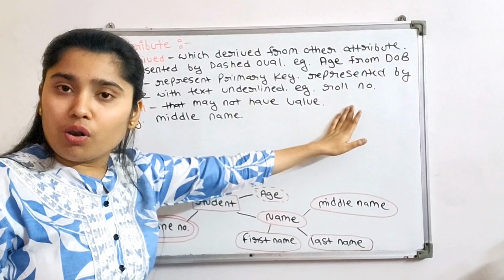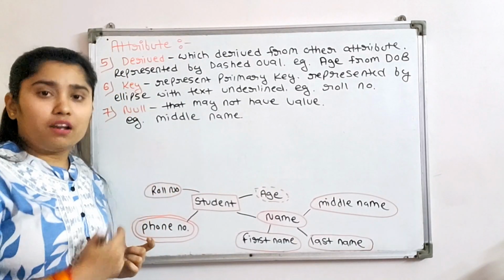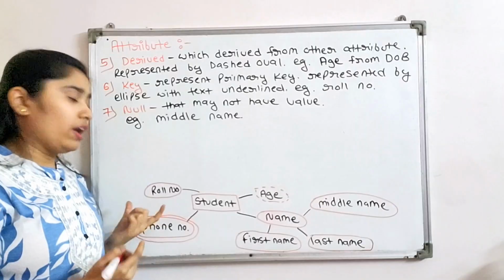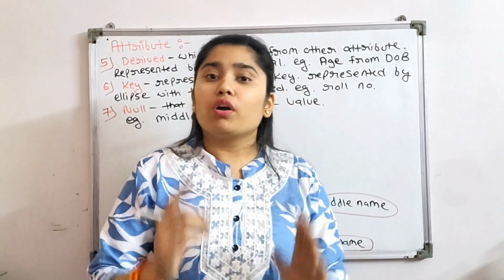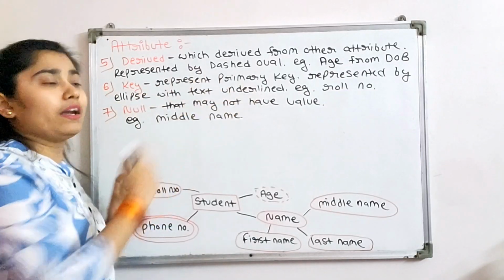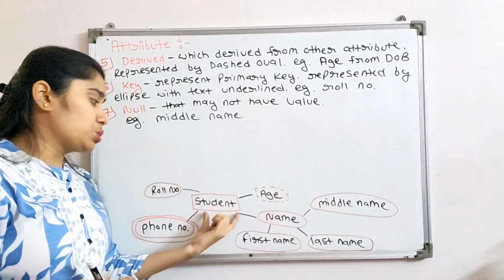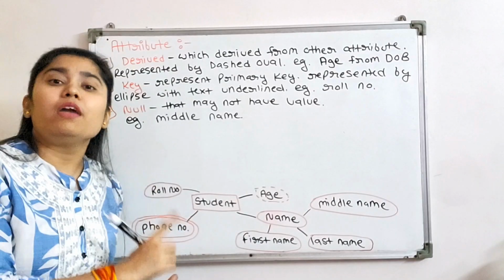For example, the roll number. Here we have seen the roll number as a single value attribute, as only one student can have one roll number. Therefore it comes under a single value attribute and also under the key attribute, as each student has only one roll number.